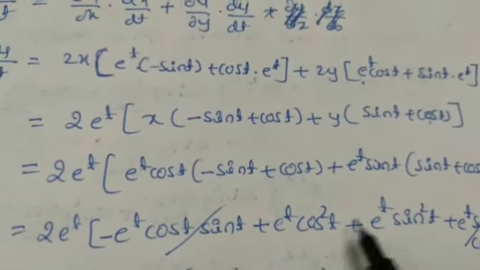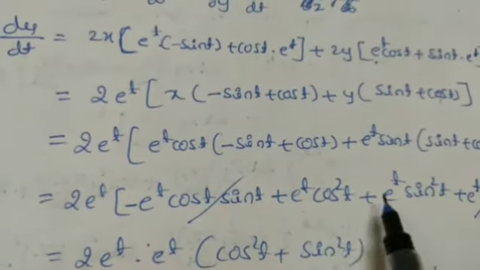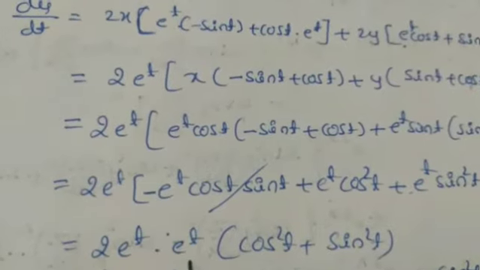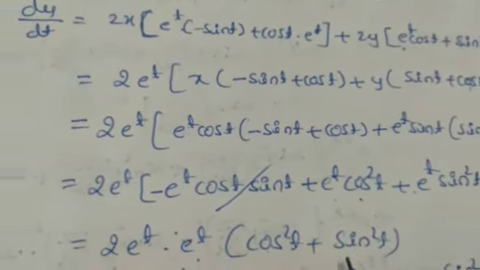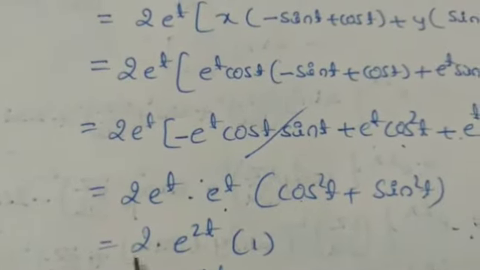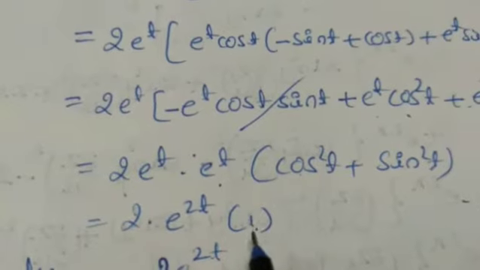These are opposite signs, plus and minus, so they get cancelled. Write the remaining terms. In these two terms e raised to t is common, so take it common. The remaining terms are cos square t plus sin square t. So it is equal to 2 into e raised to t, and we know cos square plus sin square theta is 1, so it is into 1.